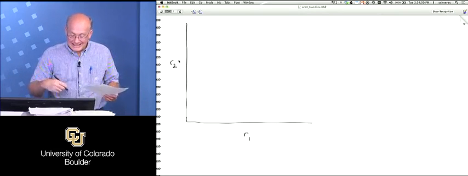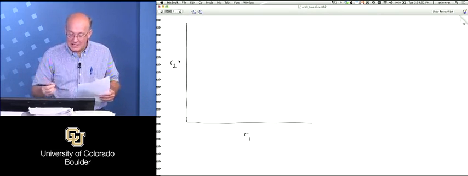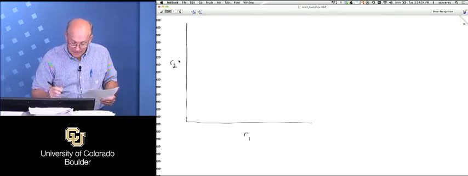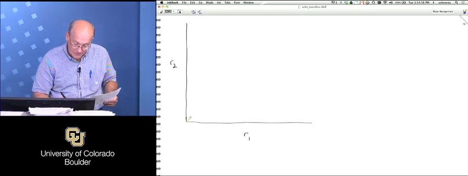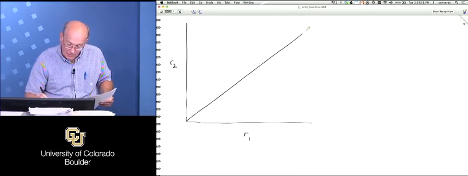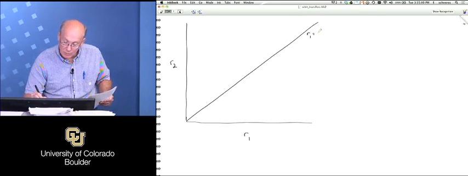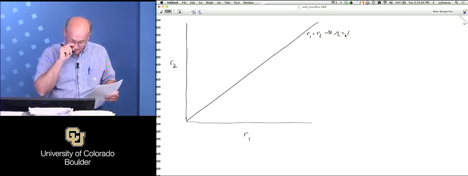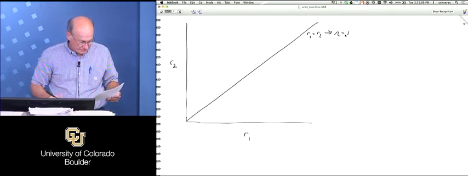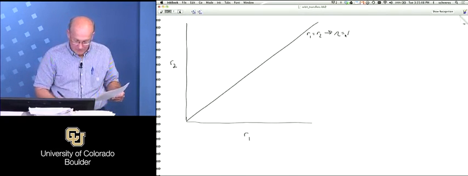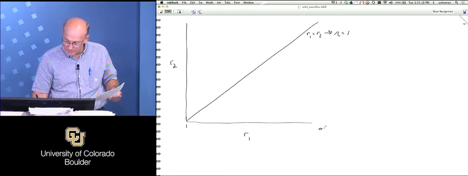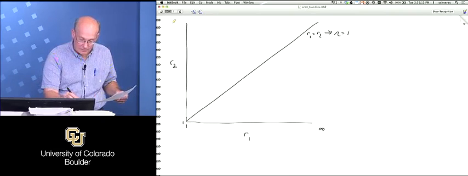And we have this directionality in here because it's going to become important in a moment. So first of all, we can draw the line R1 equals R2. This is the line script R is equal to 1. And this goes from 1 to infinity, 1 to infinity.